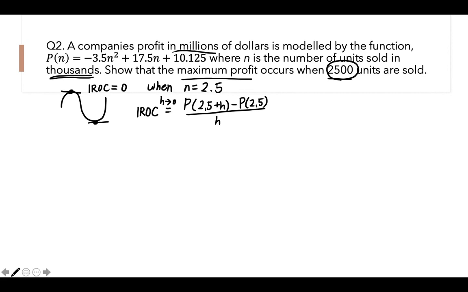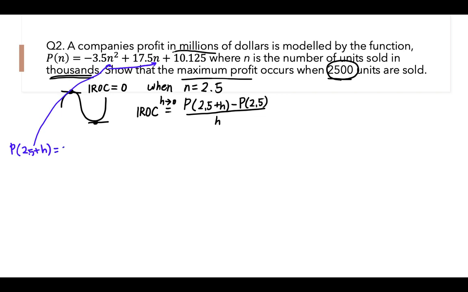Okay. Now you're going to do the side work again. So on the side, I will be doing profit 2.5 plus h. So I will be plugging this into my n value over here.